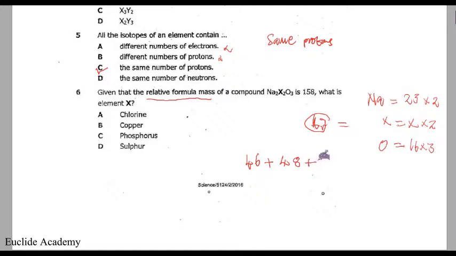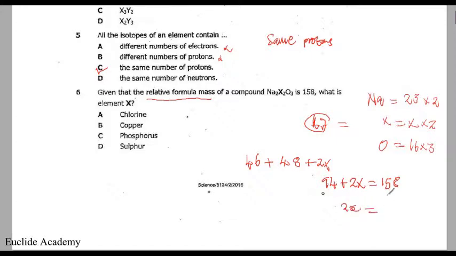So we have 46 plus 48 plus 2X, 2 times X. Okay, it's not a small x, it's capital X. So 46 plus 48 gives us 94. So this should be 94 plus 2X should give us 158.